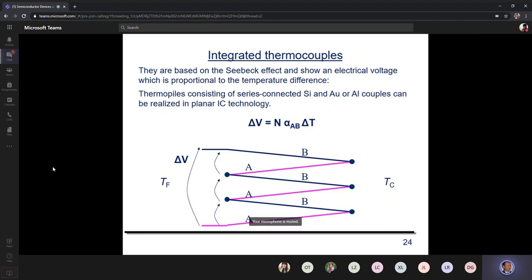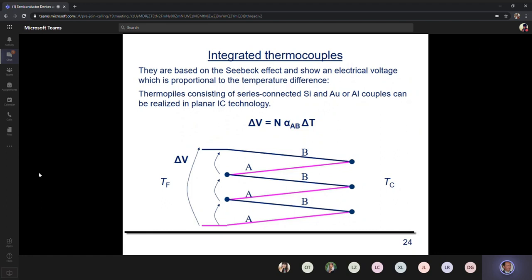The overall result is that the non-uniform difference in the distribution of charge plus the non-uniformity of the change in the barriers will be such that we can measure a voltage difference at the two extreme contacts of this device. So delta V is non-zero when the two temperatures Tc and Tf are different.